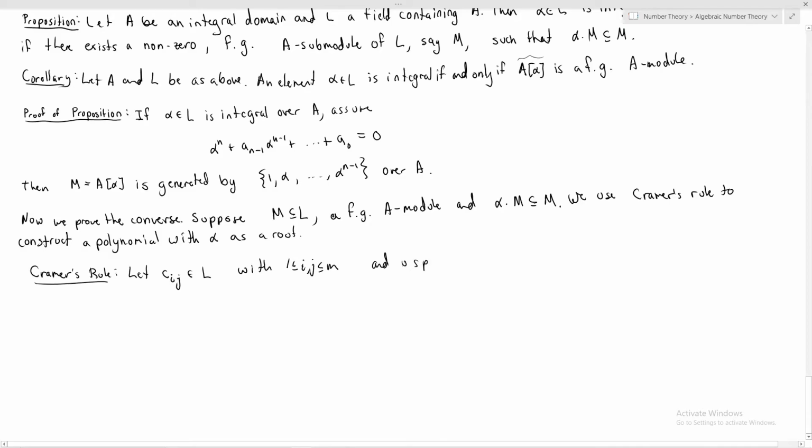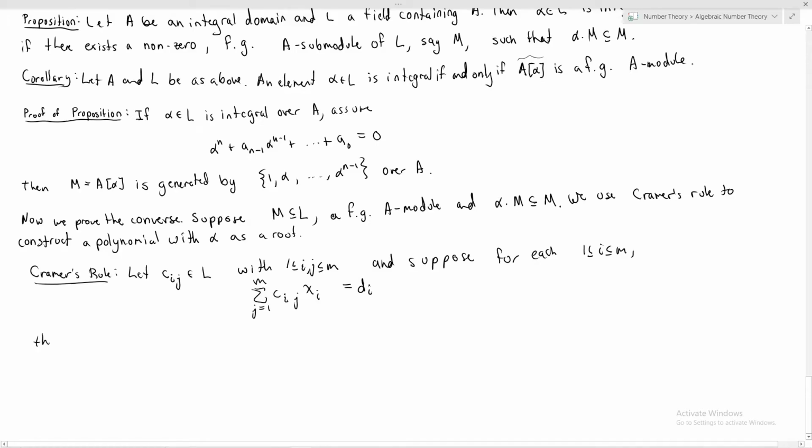And suppose for each i, 1 less than or equal to i less than or equal to m, I know the following: the sum from j equals 1 to m of c_ij times some x_j is equal to some number d_i.